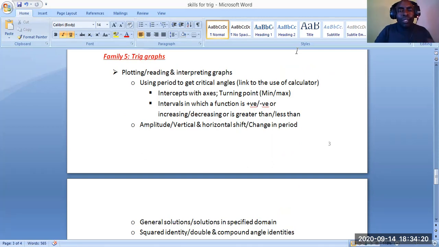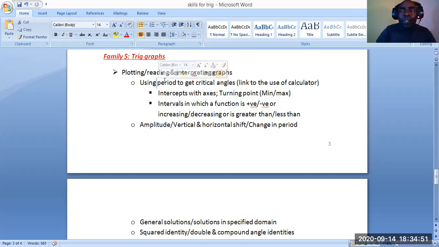Then there is also interpretation around the amplitude, vertical shift, horizontal shift, and change in the period. But sometimes you find a question that will involve general solutions or solutions in a specified domain, and also the use of square identity, double angle, and compound angle appearing in this section. One of the things that I would emphasize the most in this section is the effect of period.